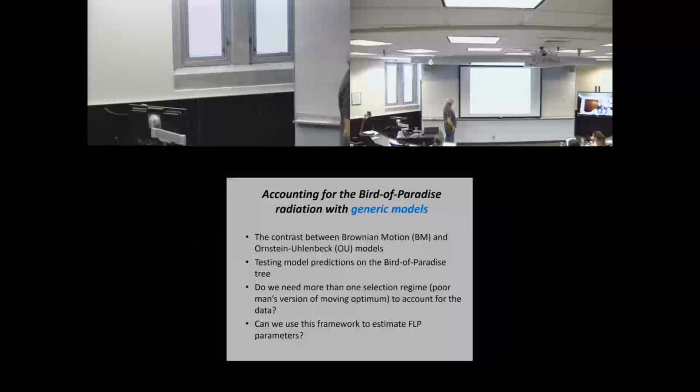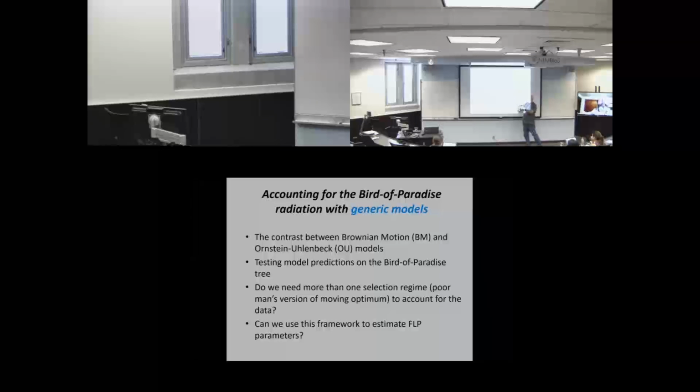All right. So the next part, we're going to review the contrast between BM and OU model expectations. We're going to test model predictions on the bird of paradise tree. The version of OWI I used doesn't have continuous motion of the optimum, but we're going to paint selection regimes and have one selection regime in which we change the position.